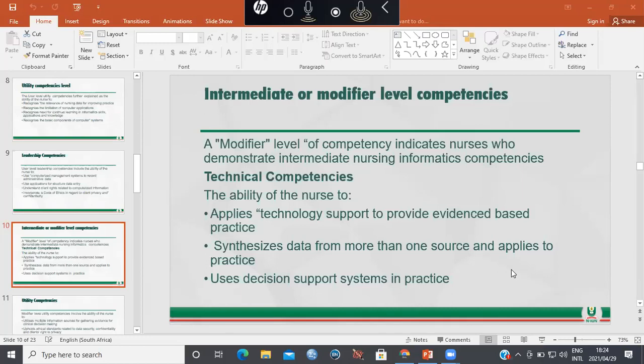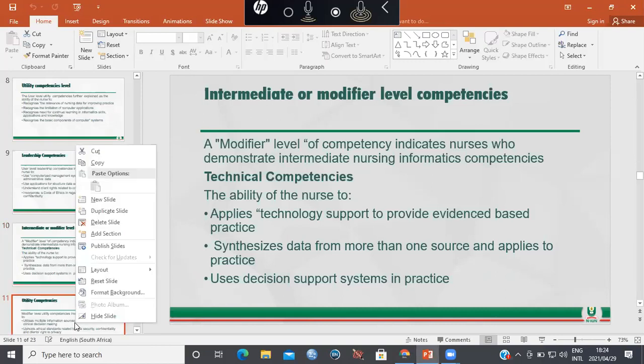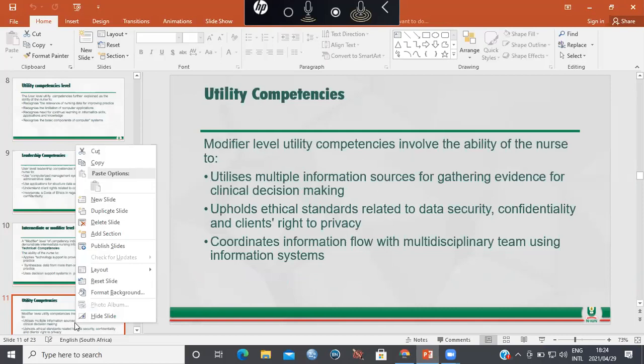And we look at the utility competency under intermediate modifier competency. It says that the ability of the nurse to utilize multiple information resources for gathering evidence for clinical decision making, uphold technical standards related to data security, confidentiality, and clients' rights to privacy.